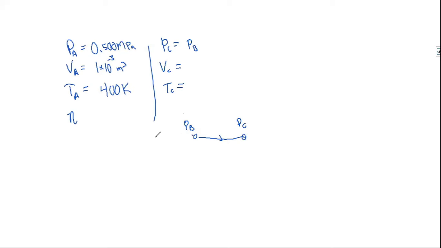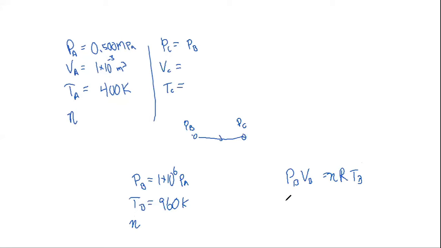Okay, so they tell you TB, they tell you PB, and you know the moles of the ideal gas. So that's actually all you need. So you know PB is 1 × 10⁶ pascals. You know that TB is 960 K, and you know n. So you should have PB VB equals nR TB, or VB equals nR TB over PB.